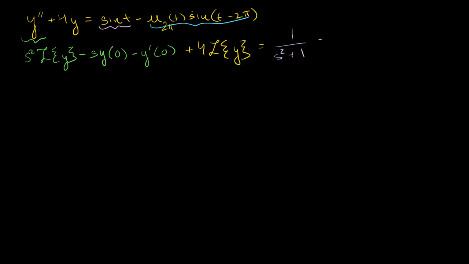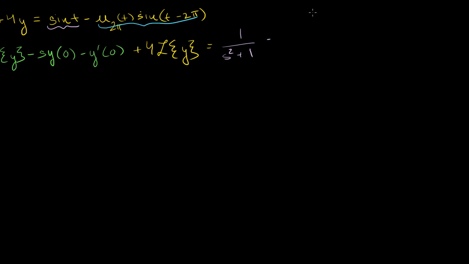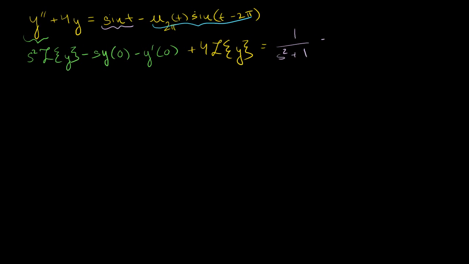I showed it to you a couple of videos ago. This is going to be the same thing as the Laplace transform of sine of t, but we're going to have to multiply it by e to the minus cs, if you remember that last formula, where c is 2 pi.